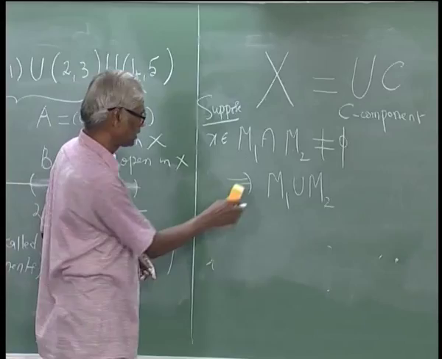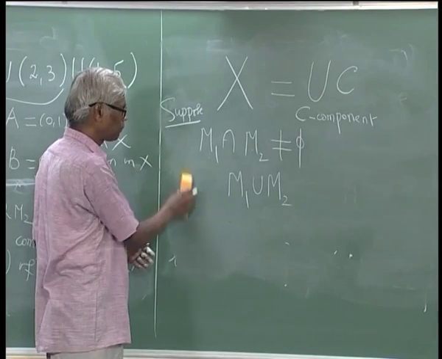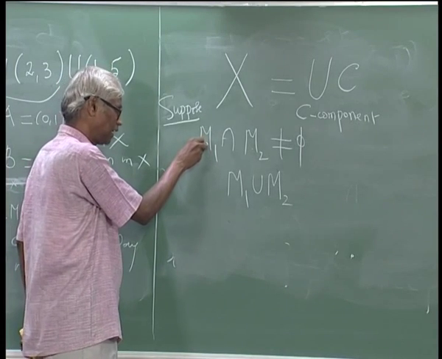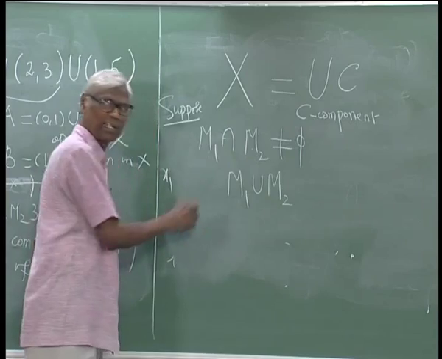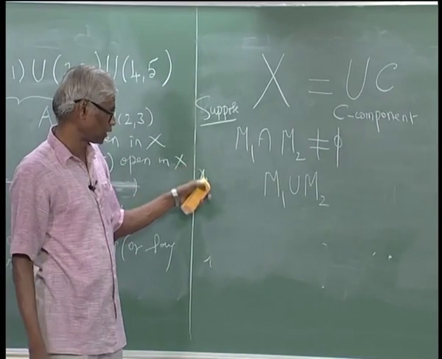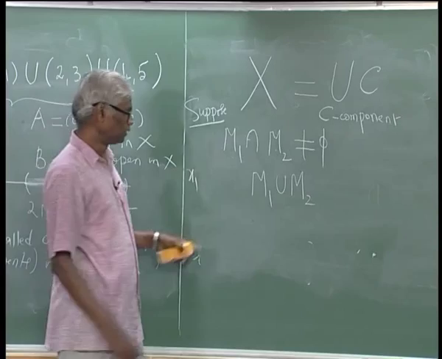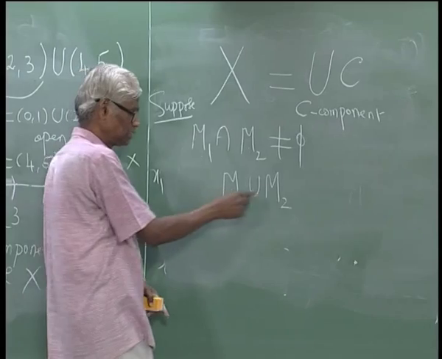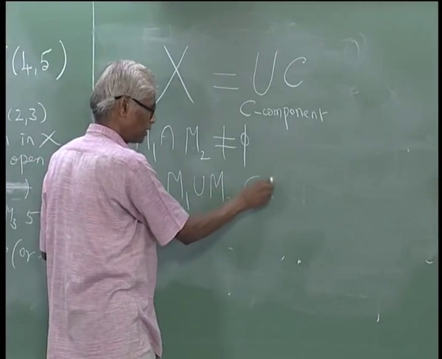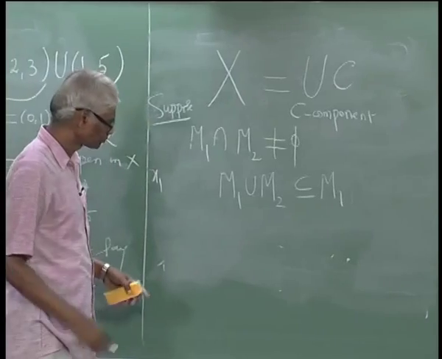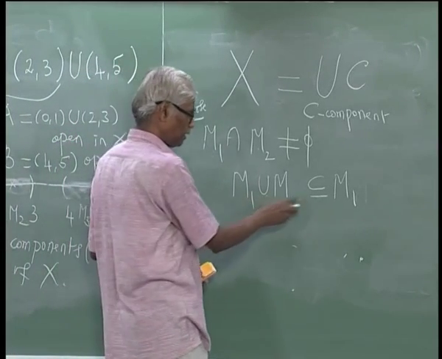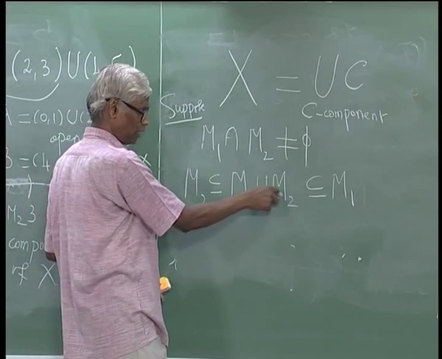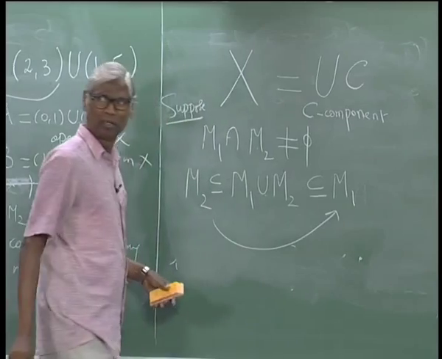So, it will be a connected set containing x1, where x1 belongs to M1. Then M1 is a maximal connected set containing x1, so this union will be a subset of M1. So, M2 is a subset of M1 union M2, which is a subset of M1.